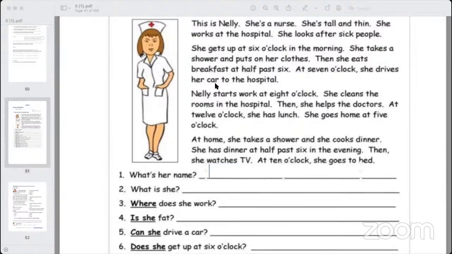If you look at the question given to you, her name. Her name is the key words used in this question. So you would say, her name is Nelly. And that is how you write your answer in a full sentence.